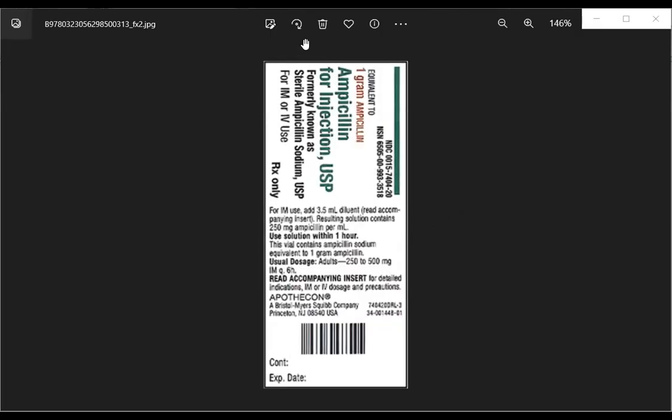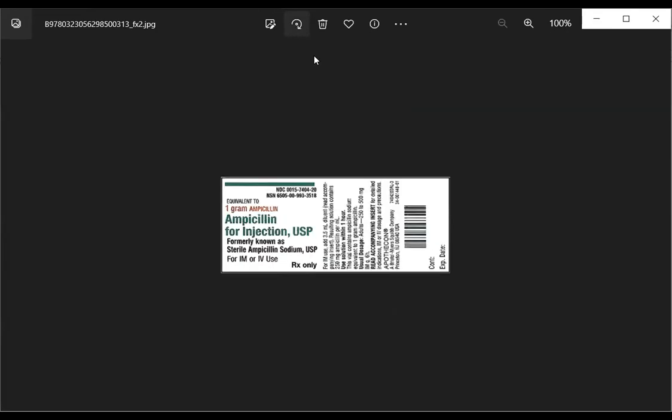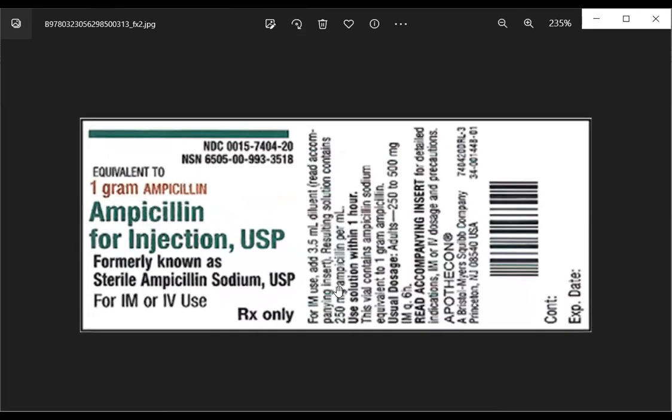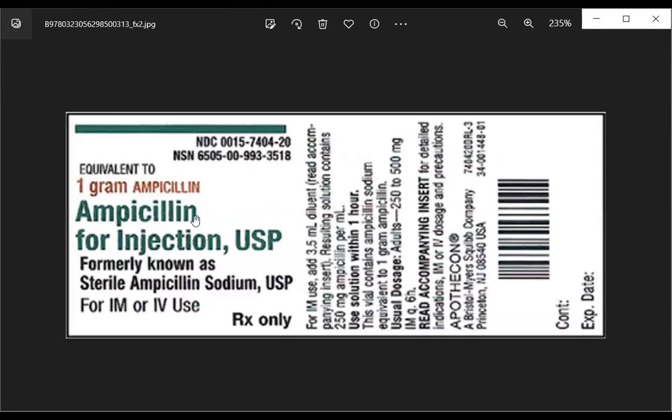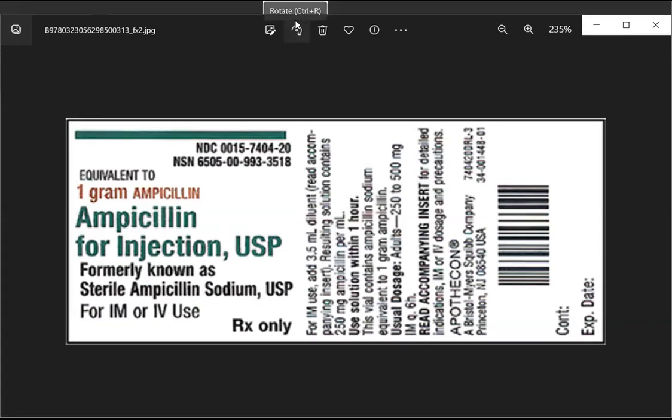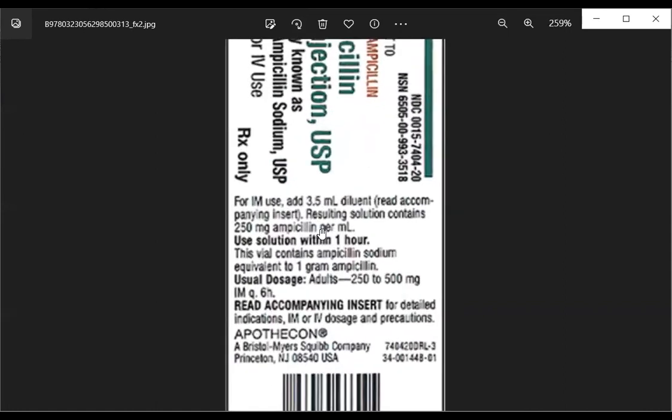All right, so this is an example of a reconstitution problem. I'm hoping you can see my image here. It says it's 1 gram of ampicillin. Now I have to look at the label, and I know this label isn't great.